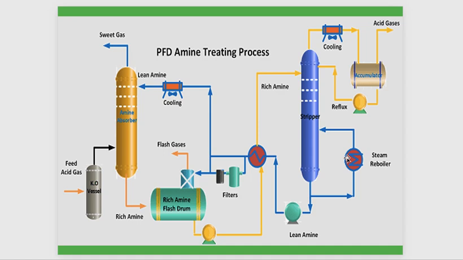You have to keep this ratio all the time in the operational margin. If you are lower than this specified ratio, the steam will not be enough at this reboiler and you will get a high concentration of H2S in the lean amine.